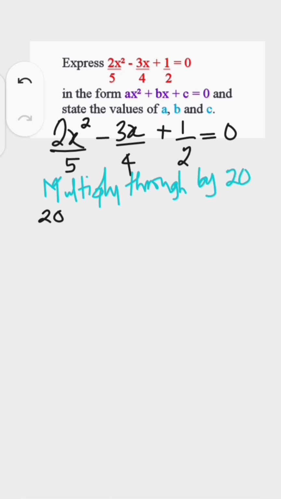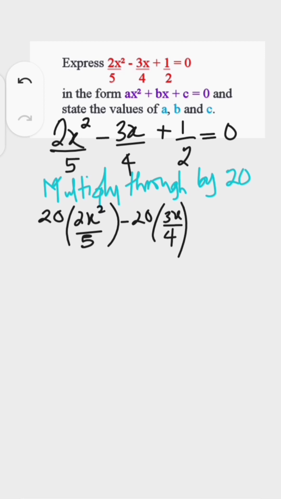So that gives 20 times 2x squared over 5 minus 20 times 3x over 4 plus 20 times 1 over 2. And 20 times 0 gives 0.